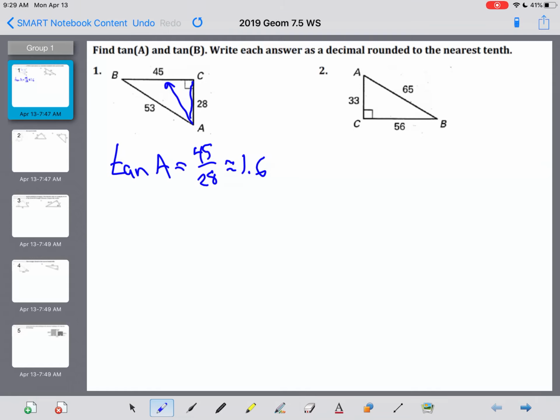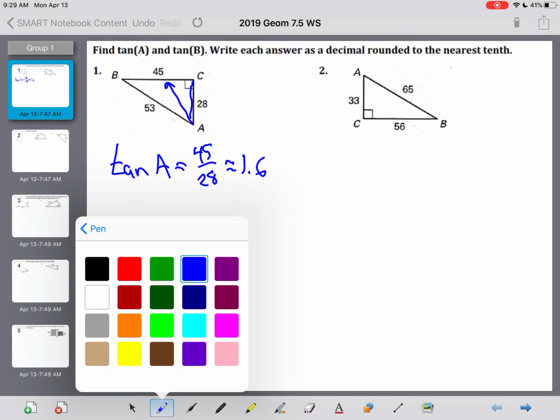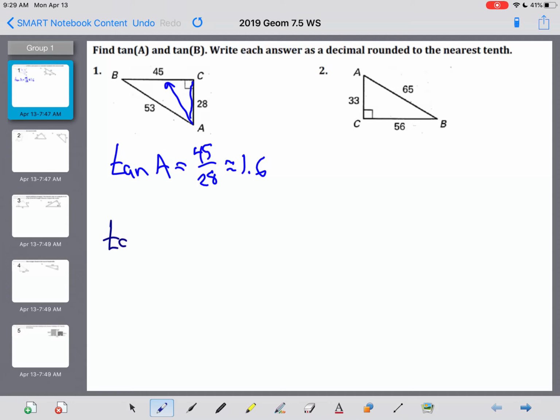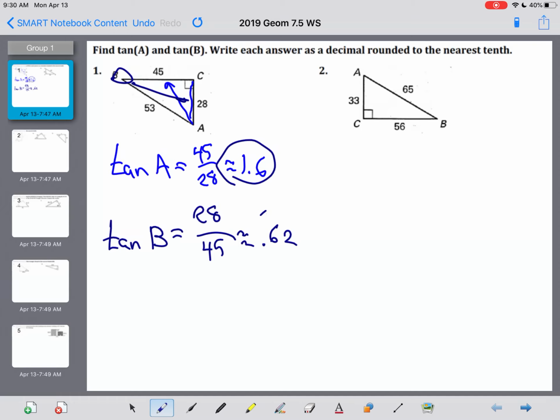And then switching colors here, the tangent of B. Now with B over here, the opposite is 28 over 45, and that's going to approximate to 0.62. Okay, and so here are my two answers here.